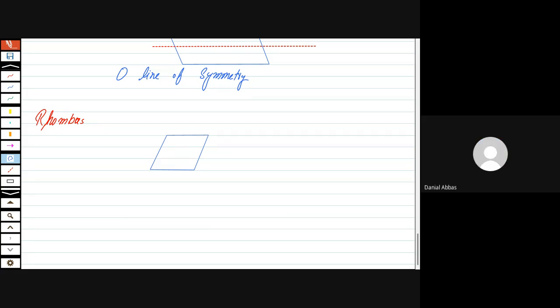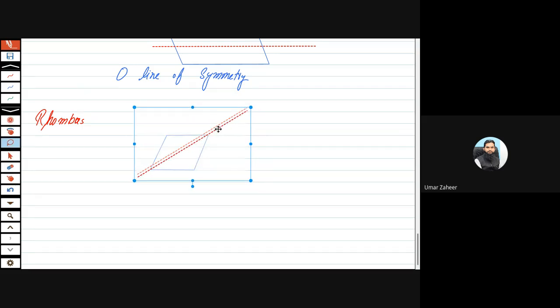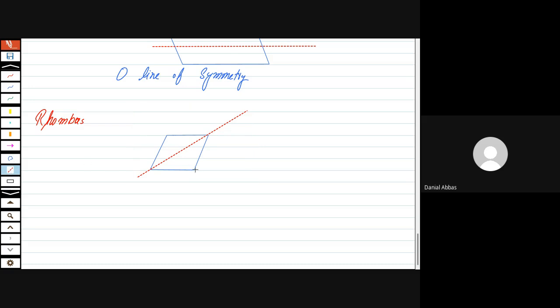I think from one diagonal to another. Yeah, the diagonals give a line of symmetry. One is going to be here. We got 2 lines of symmetry, right? Yeah, we have 2 lines of symmetry for the rhombus.